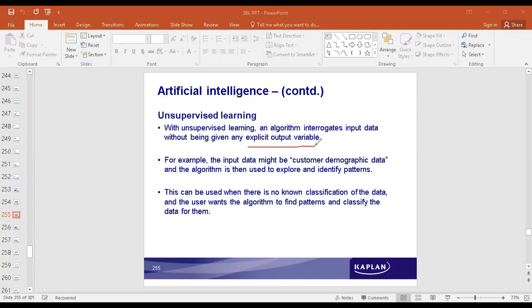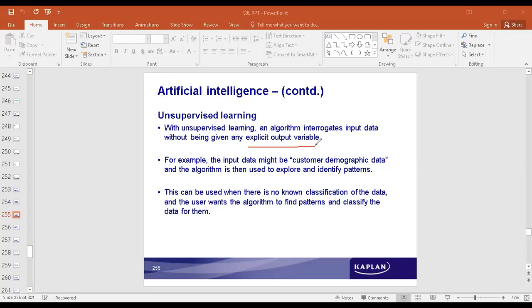When an algorithm is constructed like that, that would be called unsupervised learning. What the outcome should be is not known, but the AI itself will try to interrogate the input variables to come out with the solution as the output.